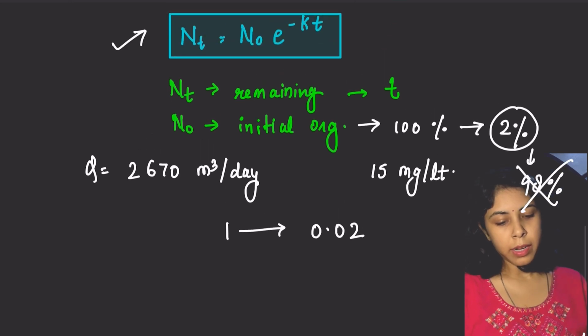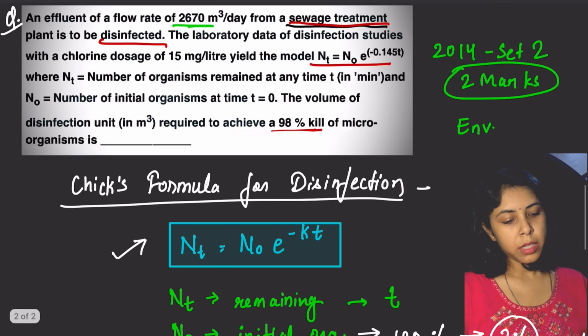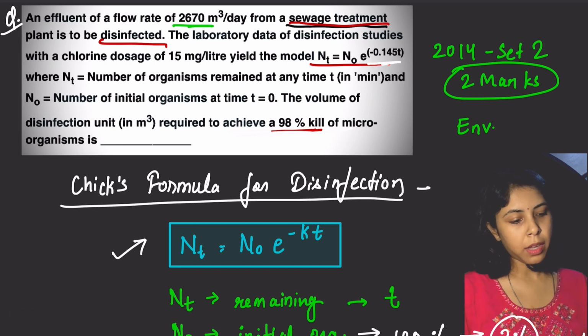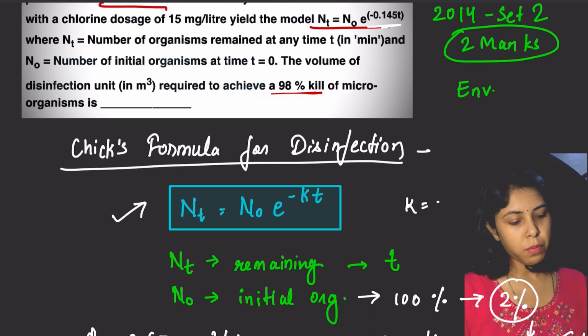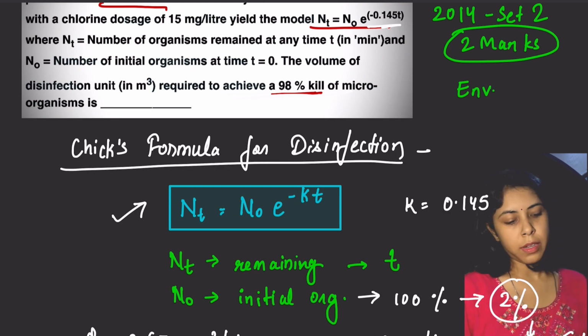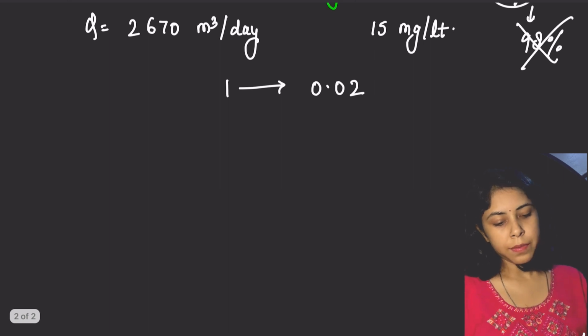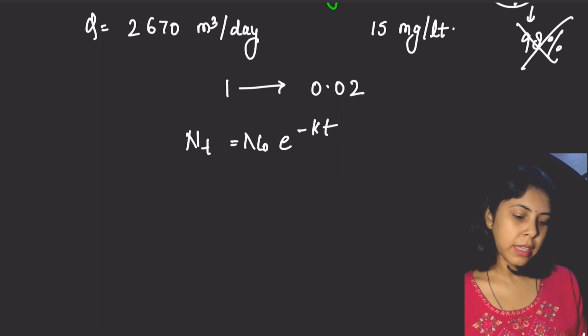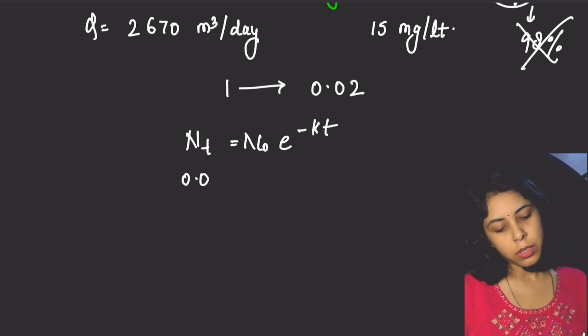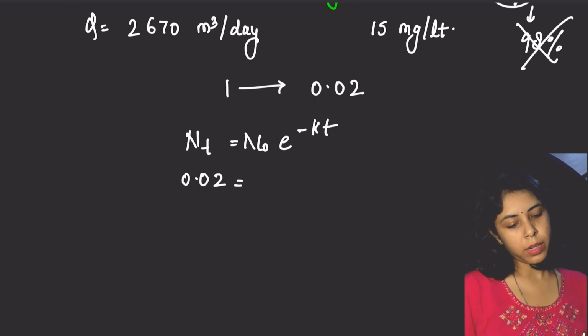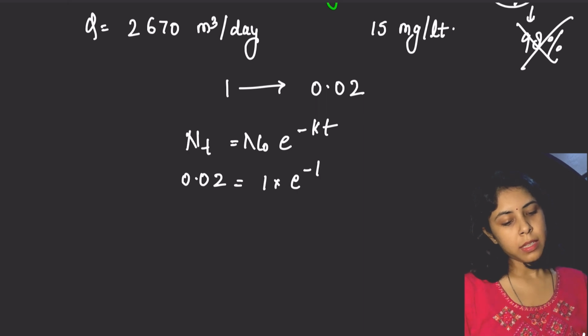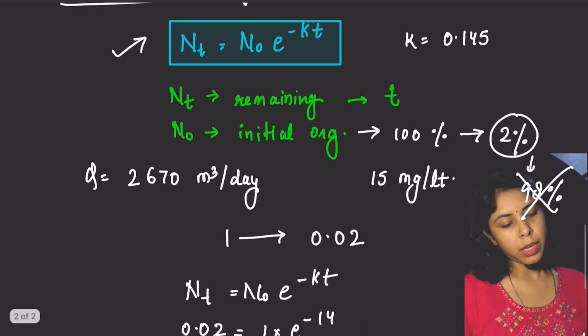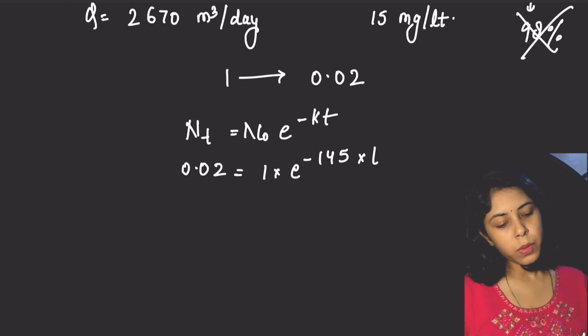So in this formula, here they have mentioned k also. If I compare, k will be equal to 0.145, right? So if I apply this here, NT is equal to N0 e to the power minus kt. Now NT is 0.02, equal to N0 is 1 into e to the power minus 0.145 into t.